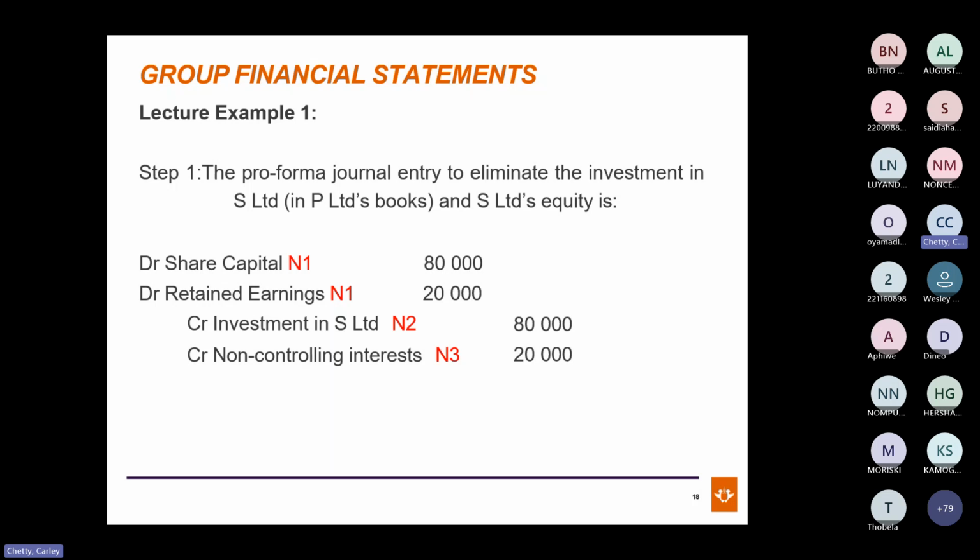Okay, so let's look at step 1 in this example 1. In step 1, now we want to perform the pro forma journal entries. Remember, we are calculating the pro forma journal entries here.